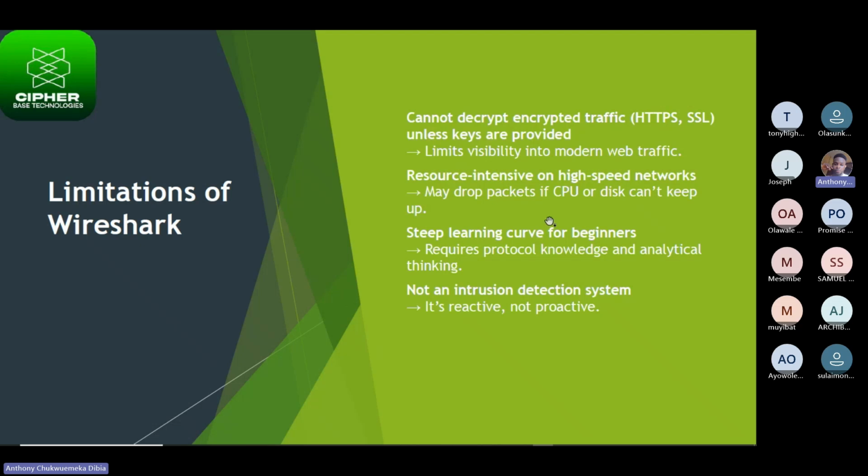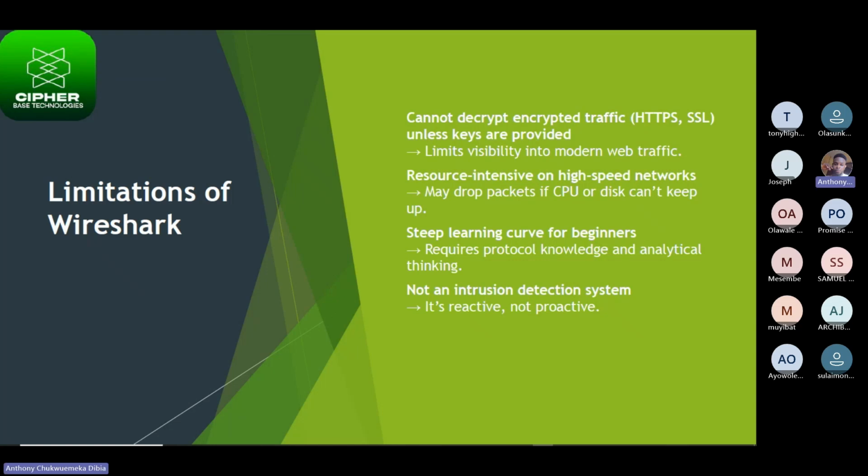So it might be dropping some packets and not capturing them. It has a steep learning curve for beginners, requiring protocol knowledge and analytical thinking. That is, you should be able to understand what each protocol does: HTTP, TCP, UDP.